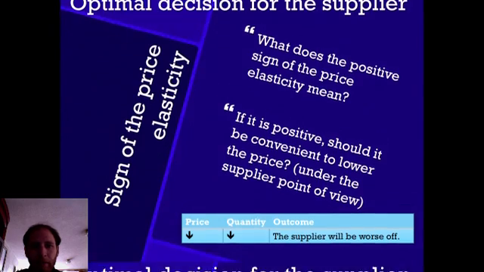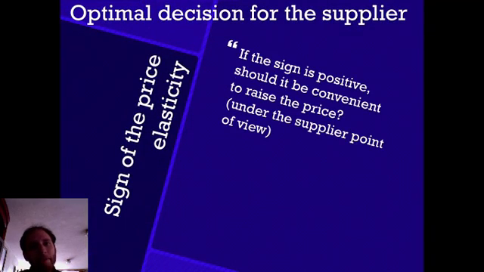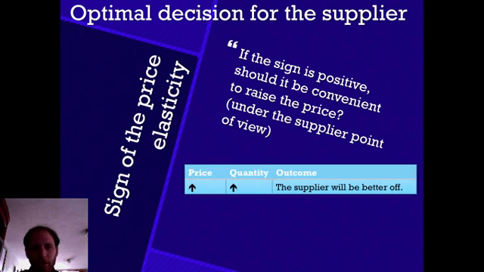For the supplier. Now, what might happen with the same positive sign in the elasticity if we increase the price? Do you think that raising the price should be a good decision for the supplier if the elasticity is positive? Okay, you got it. Yes. Why? Because both price and quantity go in the same direction, right? The supplier will be better off.